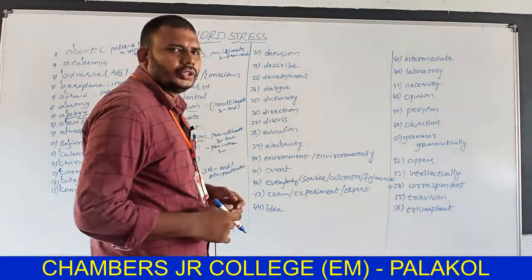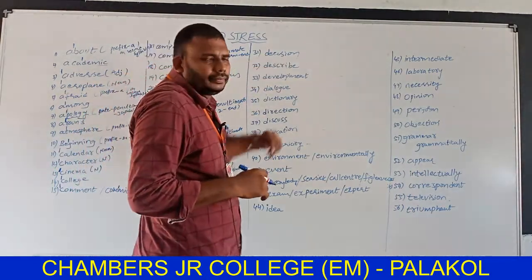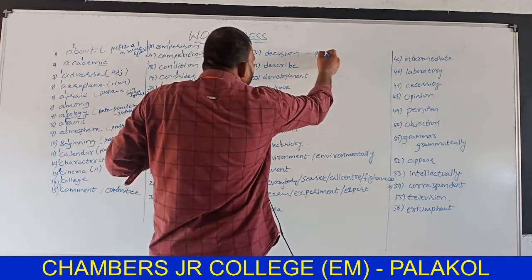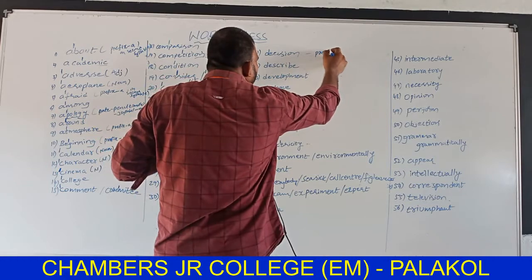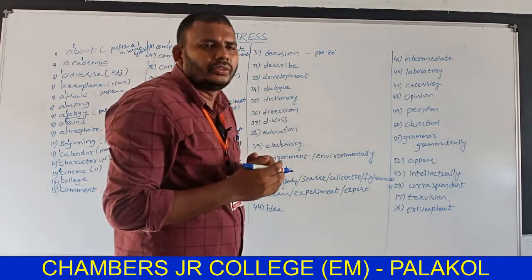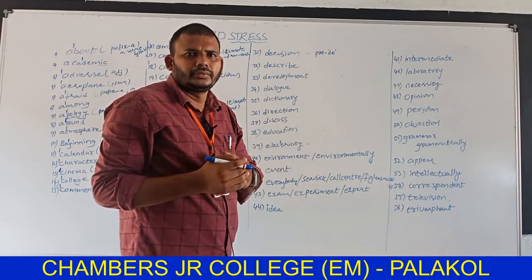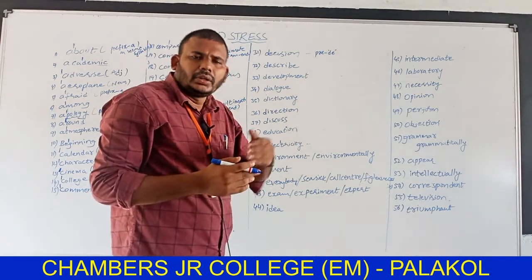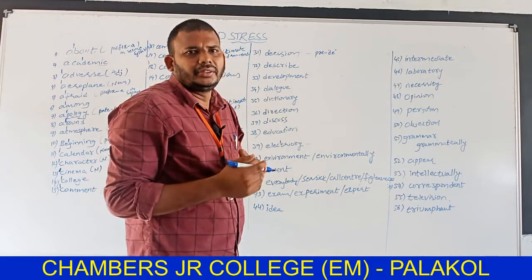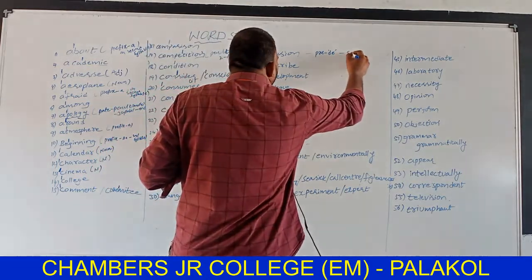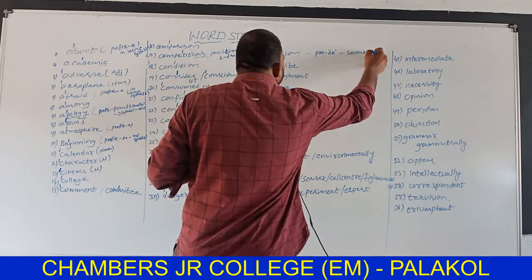And let's move on to the next one. The rules will change here. See, decision. Here the word decision begins with the prefix DE. Whenever a word begins with the prefix DE, like degree, delete, define, divide, we put stress on the second syllable.